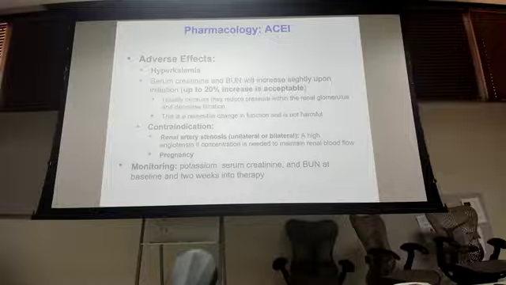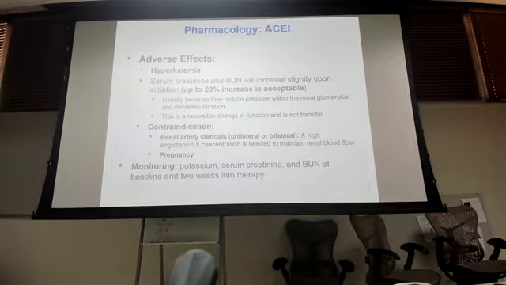Pregnancy, do not stop go, do not pass go, whatever the term is. Stop, do not use an ACE. And renal artery stenosis. So either of those two, ACE isn't even a consideration. Absolute contraindications. We talked about monitoring. It's essential. Why?